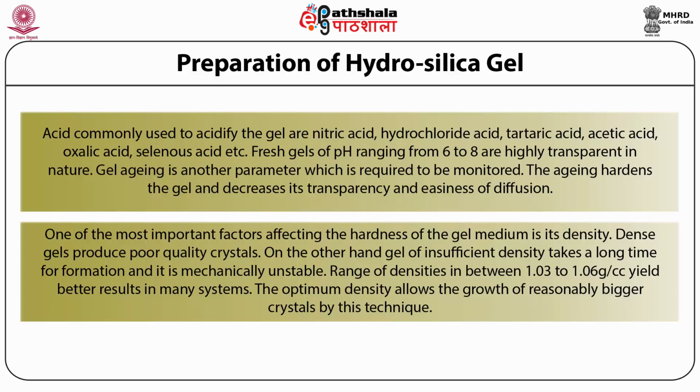On the other hand, a gel of insufficient density takes a long time for formation and is mechanically unstable. A range of densities between 1.03 to 1.06 g per cc yields better results in many systems. The optimum density allows the growth of reasonably bigger crystals by this technique.